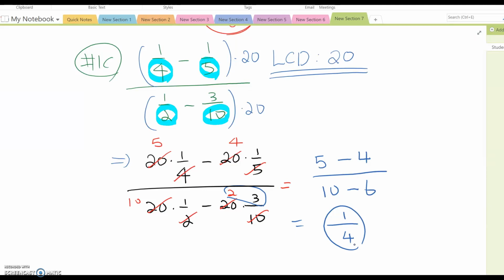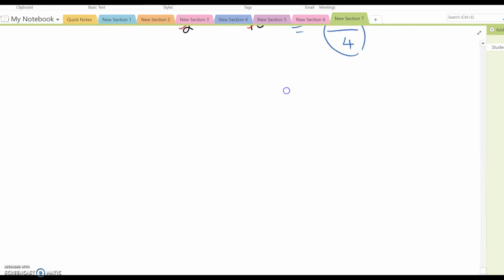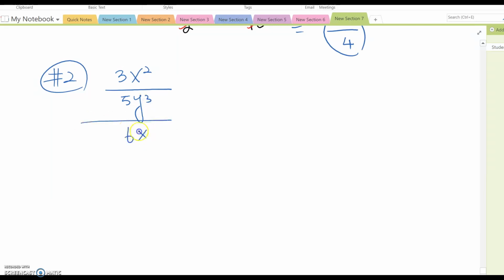So what about a little bit more complicated case here? We are covering number 2. Number 2 also includes some variables. I'm going to start from number 2a: 3x squared over 5y cubed, over 6x over 12y squared x. To make it a little bit easier, I'm going to bring down both denominators from the numerator and denominator.